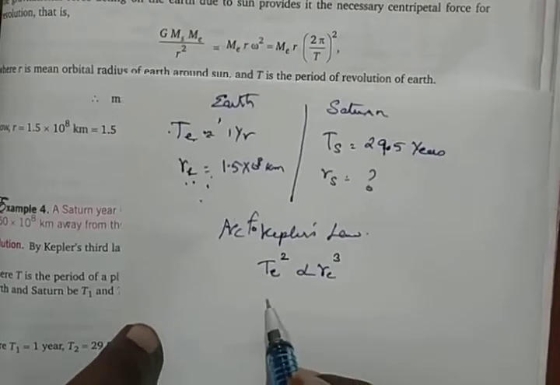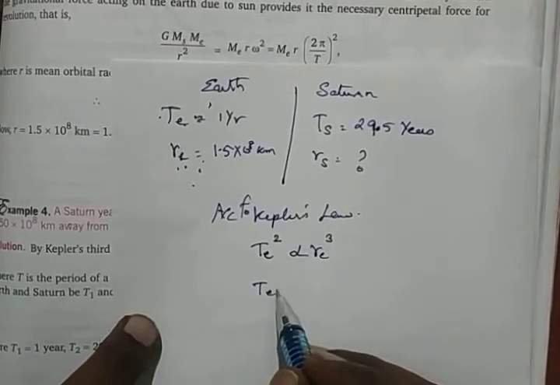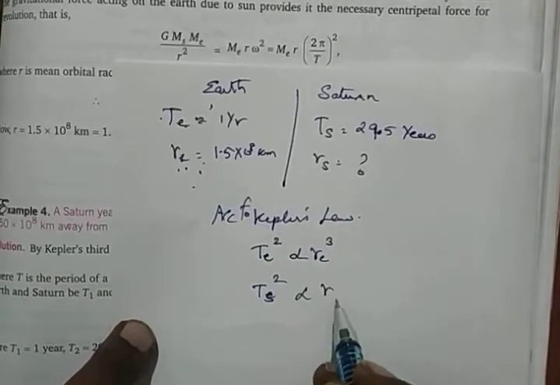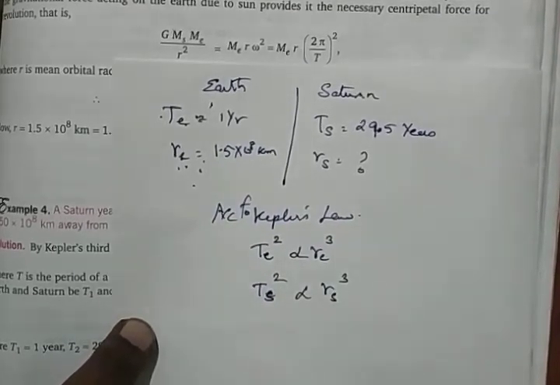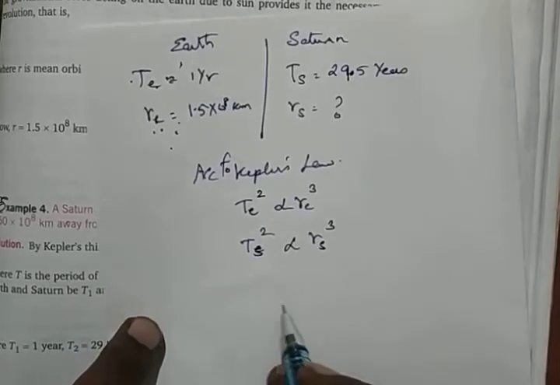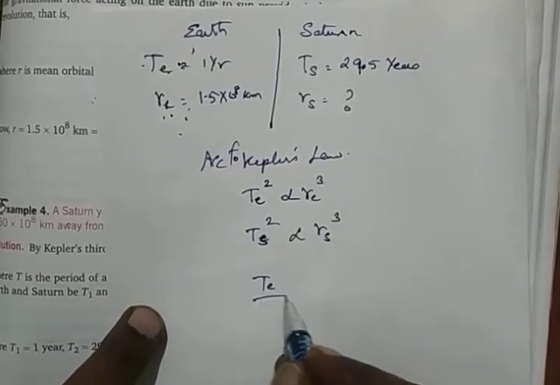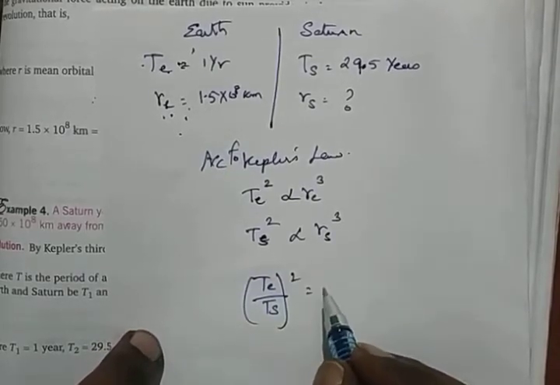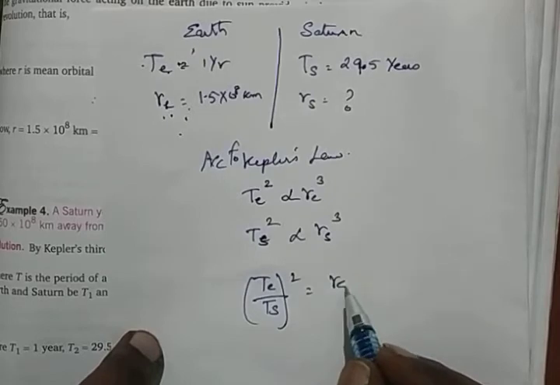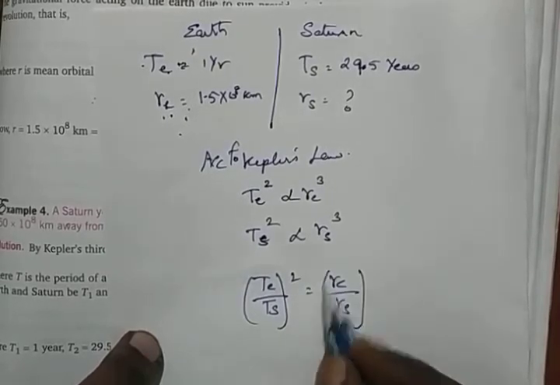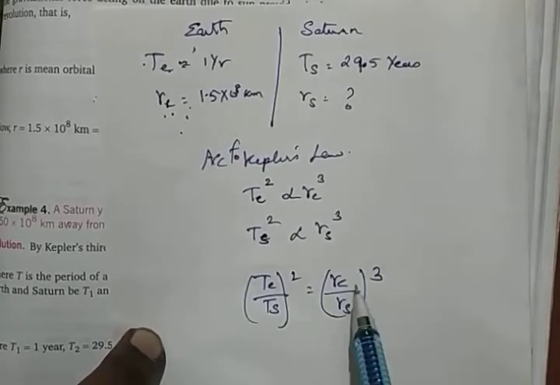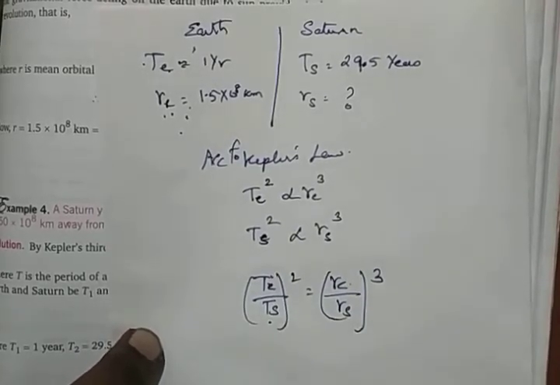So this is one part, and the square of the time period of Saturn also is directly proportional to RS cube. Can we divide both of them? So TE upon TS, the whole square, is equal to RE upon RS, the whole cube. Only this one we know, and these two also we know.